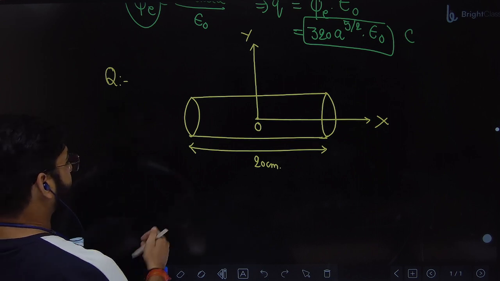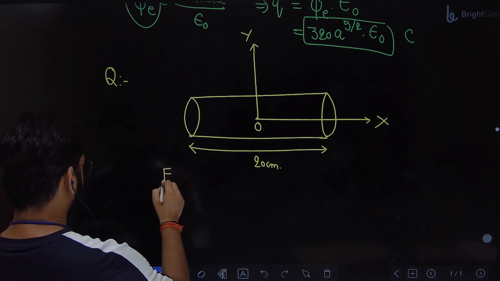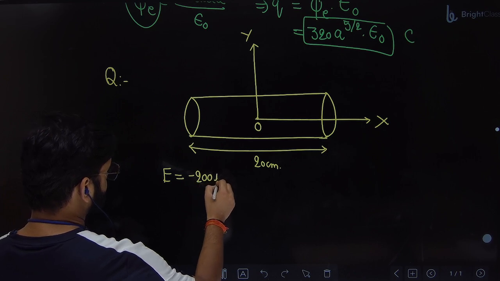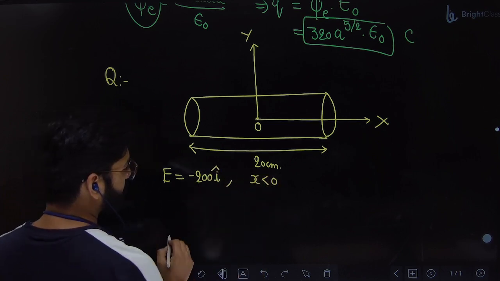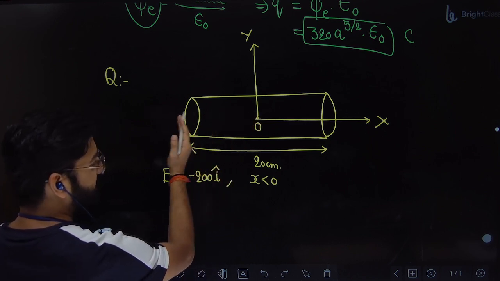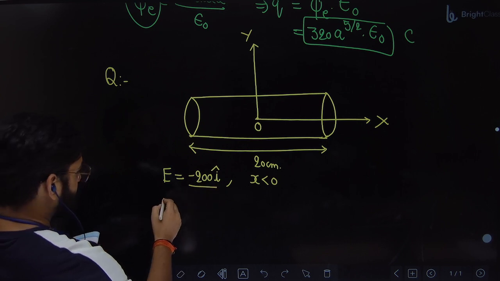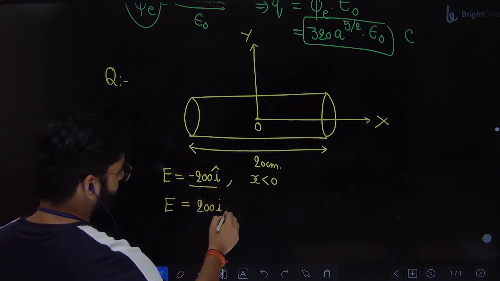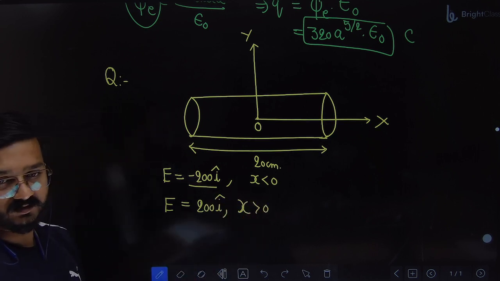Now we have two electric fields here. The first electric field is minus 200 i cap. This is for x less than 0, means on the negative side of the x-axis, the electric field will be this much. Then we have electric field equal to 200 i cap, which is for positive values of x.